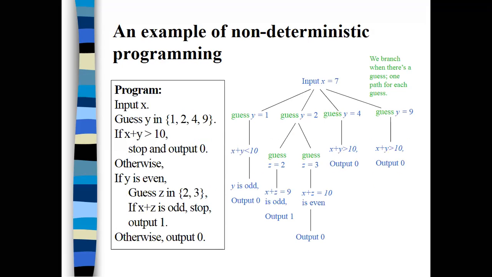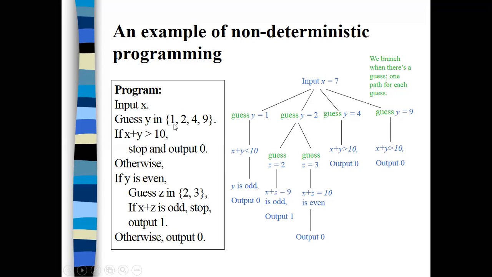Here we have a program again, like last time when we had a very easy program where x is equal to 1 or smaller than 1 or 15, and otherwise you go back to L1 and check again. However, here we have input x, guess y in 1, 2, 4, 9. If you are going to give input x, you have to guess the value of y.